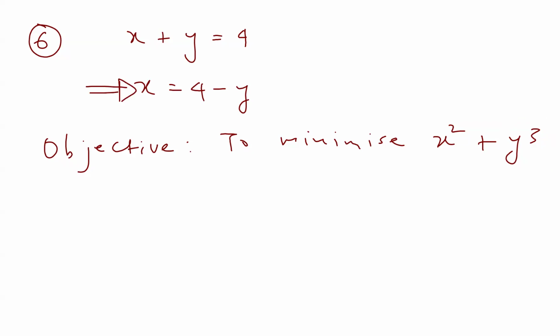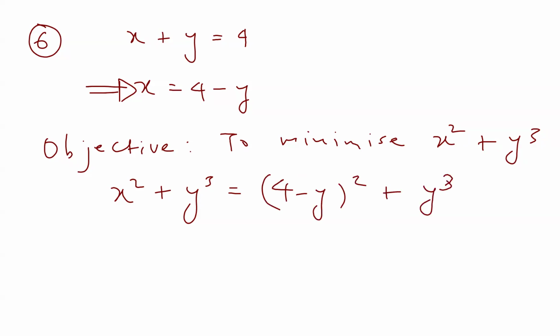So x square plus y cube is equal to x square plus, replace the value of x with 4 minus y. So 4 minus y the whole square plus y cube. So this time we got f of y instead of f of x.